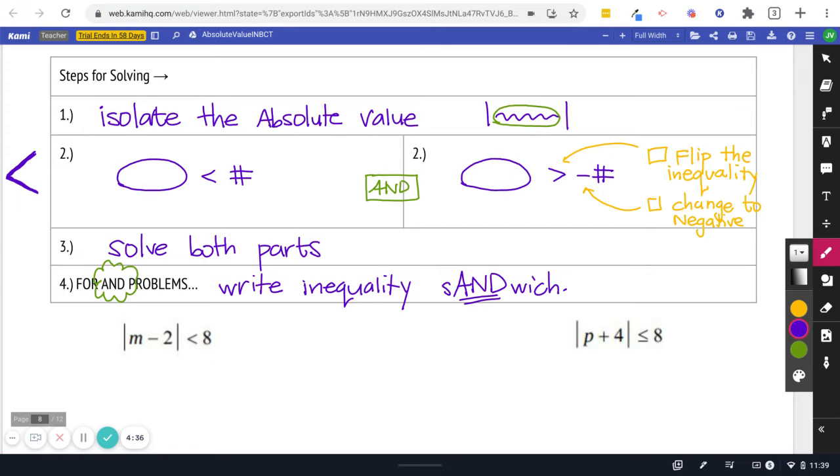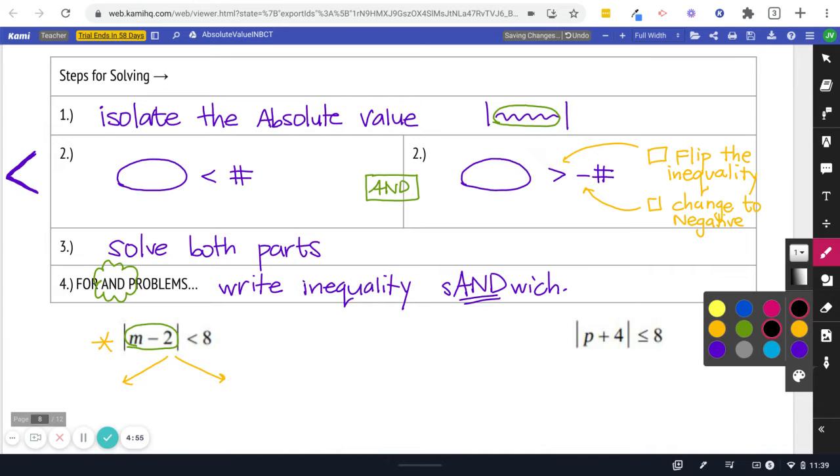Okay, so when I look at this first one, the first thing it says is isolate the absolute value. Well, there's nothing behind it, nothing in front of it. It's alone on its side of the inequality. So here's m minus 2. Since it's alone, we can unlock it. One side will stay the same.